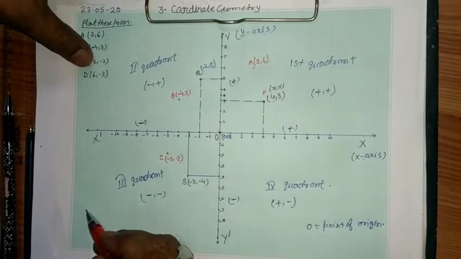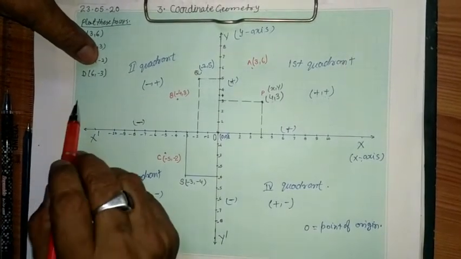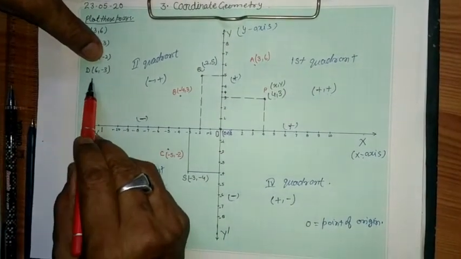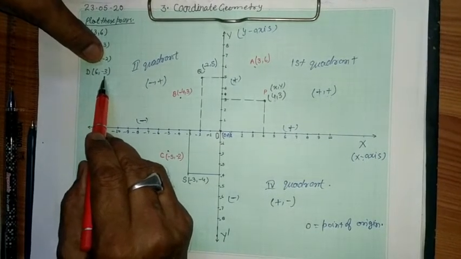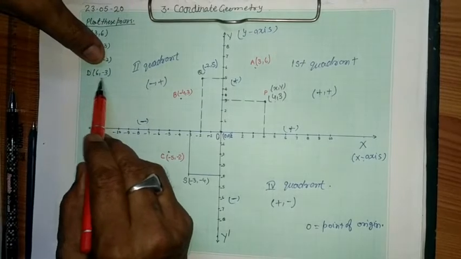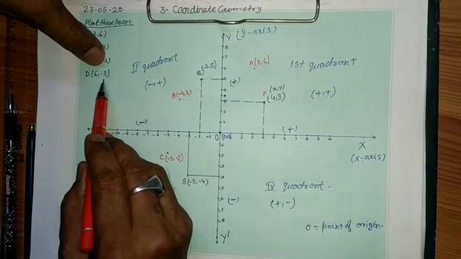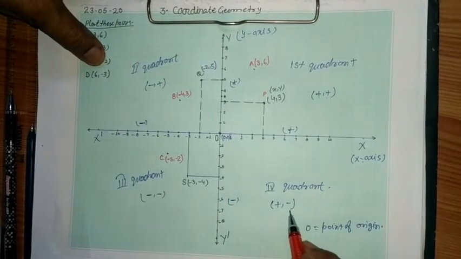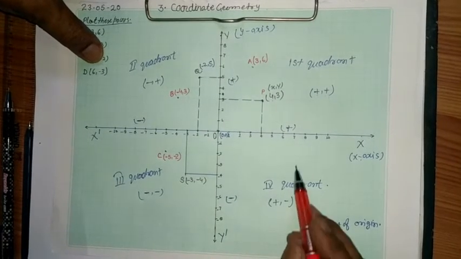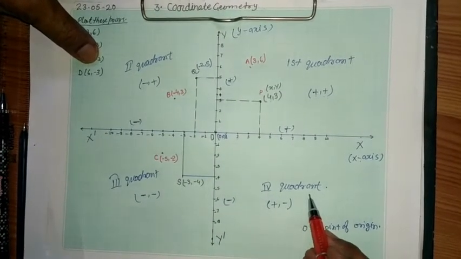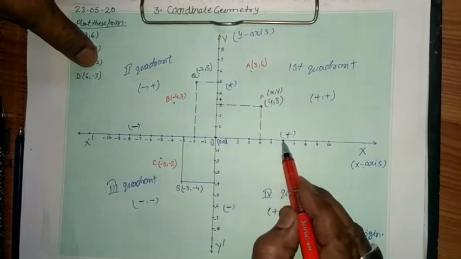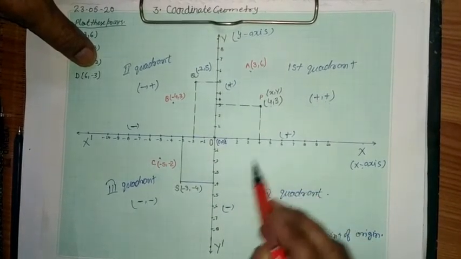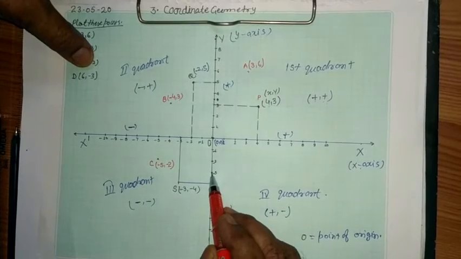The fourth point is D, whose coordinate is (6, -3). According to the sign, this is plus, minus. Plus, minus lies in the fourth quadrant, and its abscissa is 6 and ordinate is -3.